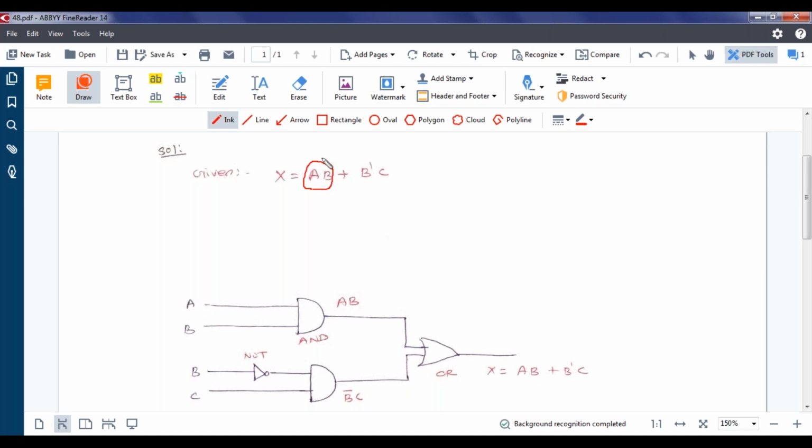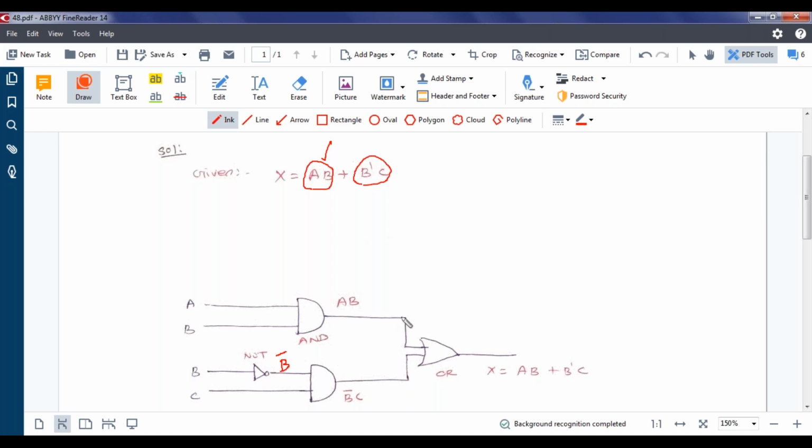Fine. Once you completed, next we go for the next product term. This is B bar C. First B, we want to convert this B into B bar. So அப்ப என்ன பண்ணனும், first B you want to apply to NOT gate. NOT gate இப்படி என்னாகும், B, B bar convert ஆயிரும். Then next input is C. C ல இருந்து ஒரு லைன் tap பண்ணி எடுத்துட்டு you want to give it to AND gate because this is B bar C. So B bar C is a product term, you want to give it to AND gate.